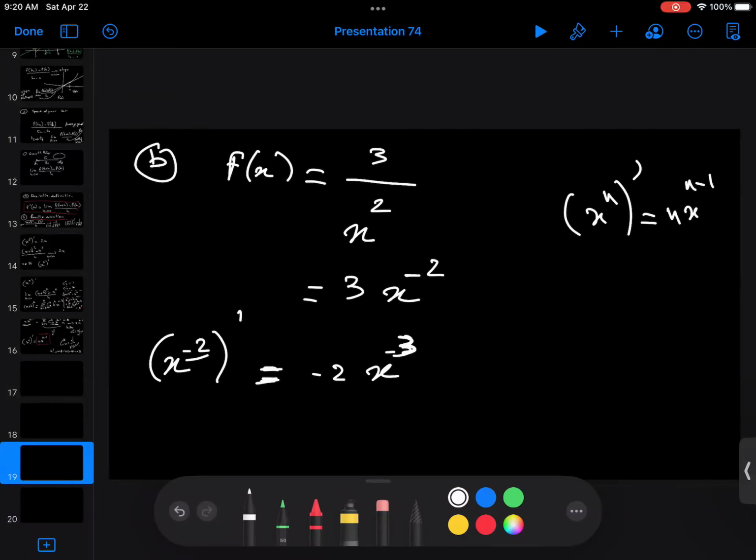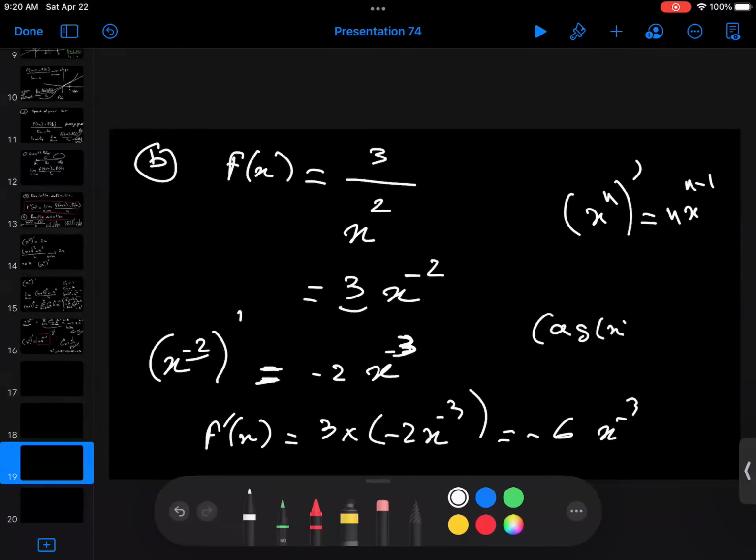Since I had this 3, I deduce that f prime of x equals 3 times minus 2x^(-3), which equals minus 6x^(-3). Because again, if I have a g of x, with a a real number and g a function, then the derivative of a g of x is a g prime of x. Any questions?